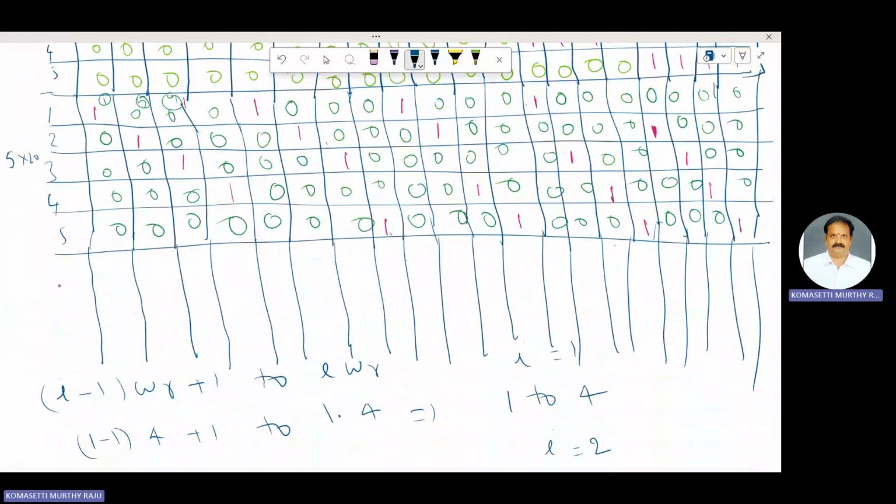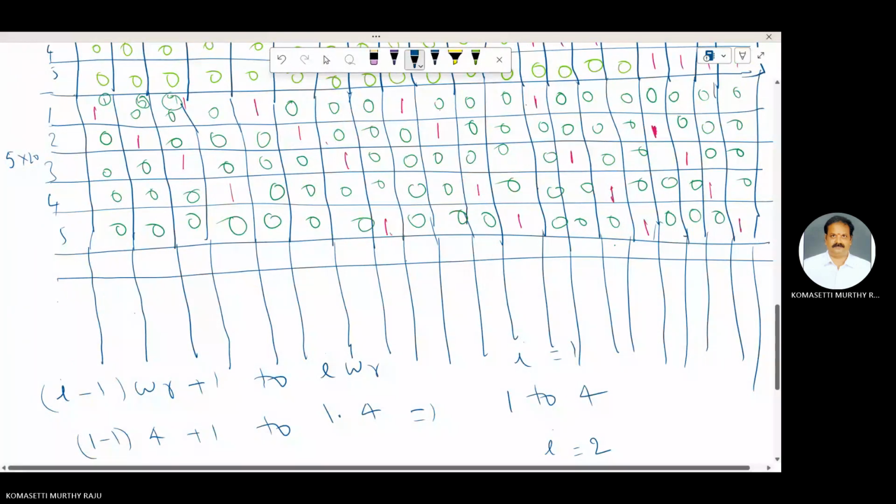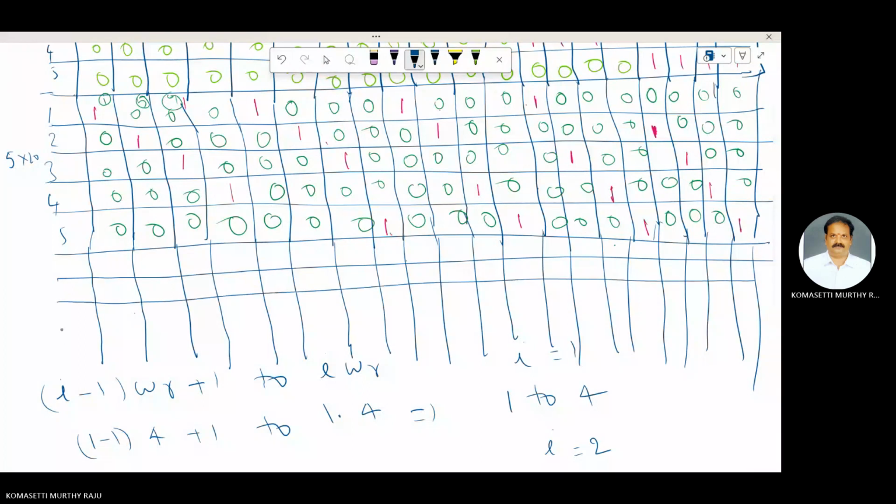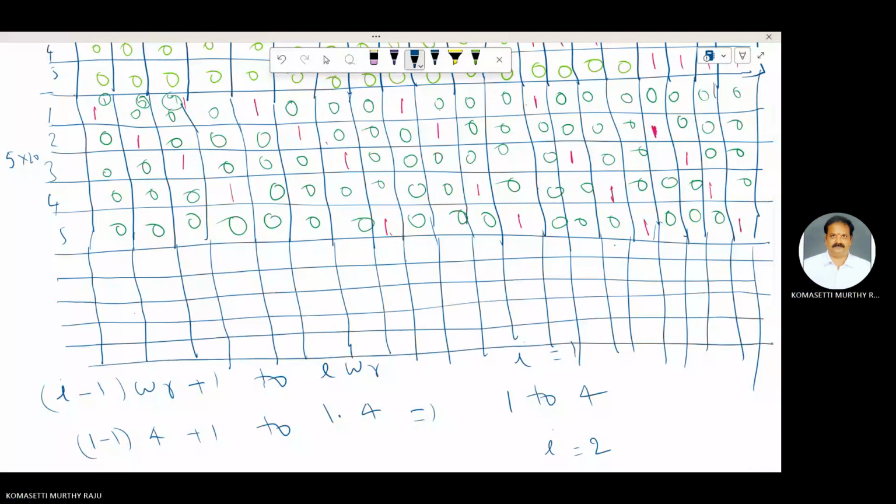One is 1, 2, 3, 4. This one is 5. 1, 2, 3, 4, 5.